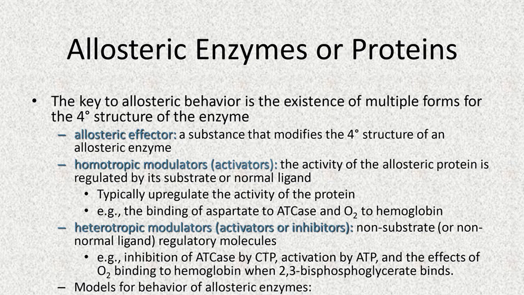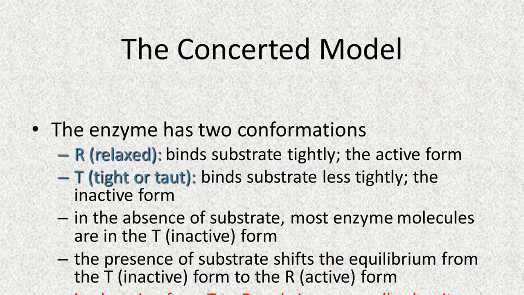This is where we left off: there were these two models of allosteric enzymes and proteins. One is called the concerted method of binding, and the other is called the sequential. Both rely on the idea of having a T form versus an R form. As I mentioned in the last class, R is for relaxed, versus T, which is tight, taut, or maybe tense.